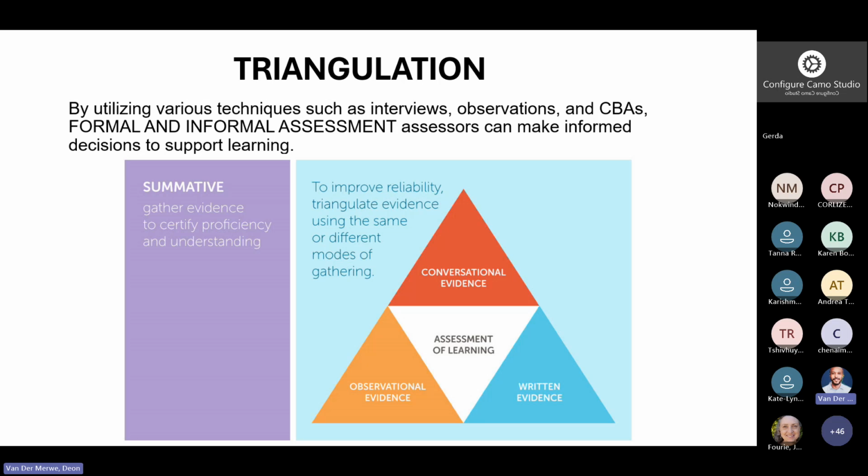Both formal and informal assessments are very important to you as the assessor in order to make an informed decision and to support the learner which you have chosen to work with.